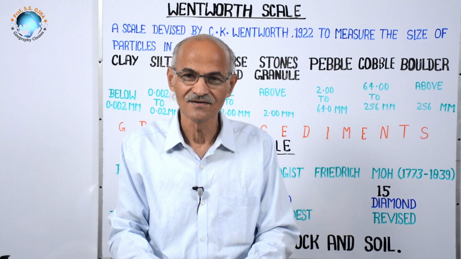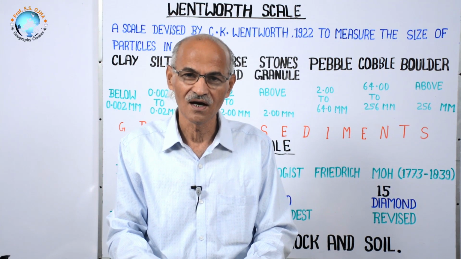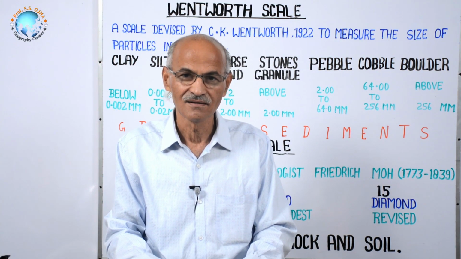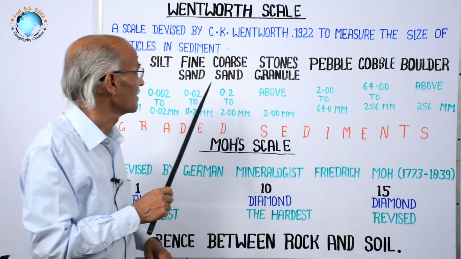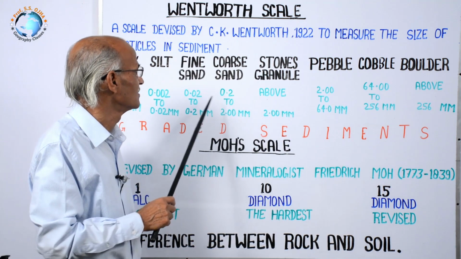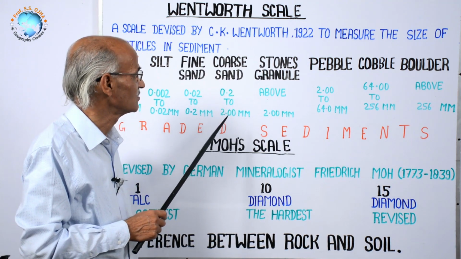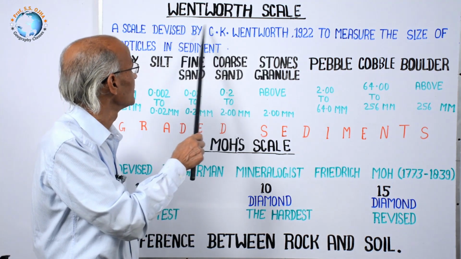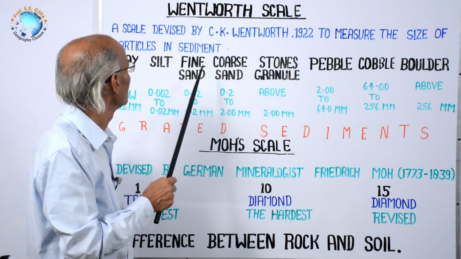After understanding different types of rocks, that is igneous, sedimentary and metamorphic, and the rock cycle, let us try to understand the rock size, the size of particles which constitute rock. For this, Wentworth has given a scale called the Wentworth scale.